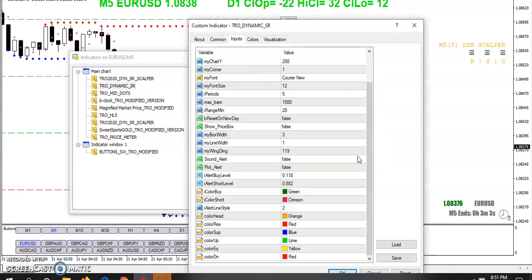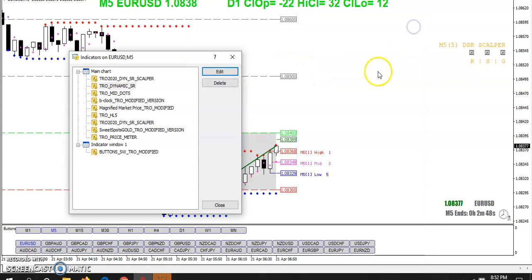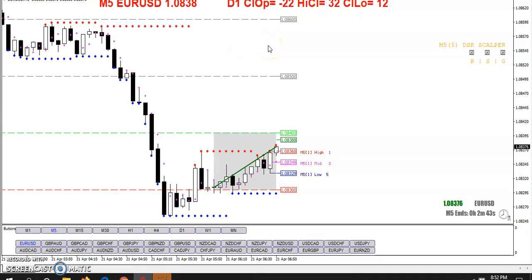You just put it on just as is. You really don't have to mess with any of the inputs in it. And this indicator's been around for a long time. I guess I updated it in 2016, but it's been around since like 2008, if I remember correctly, at least on MT4. But before that, I wrote it on TradeStation.